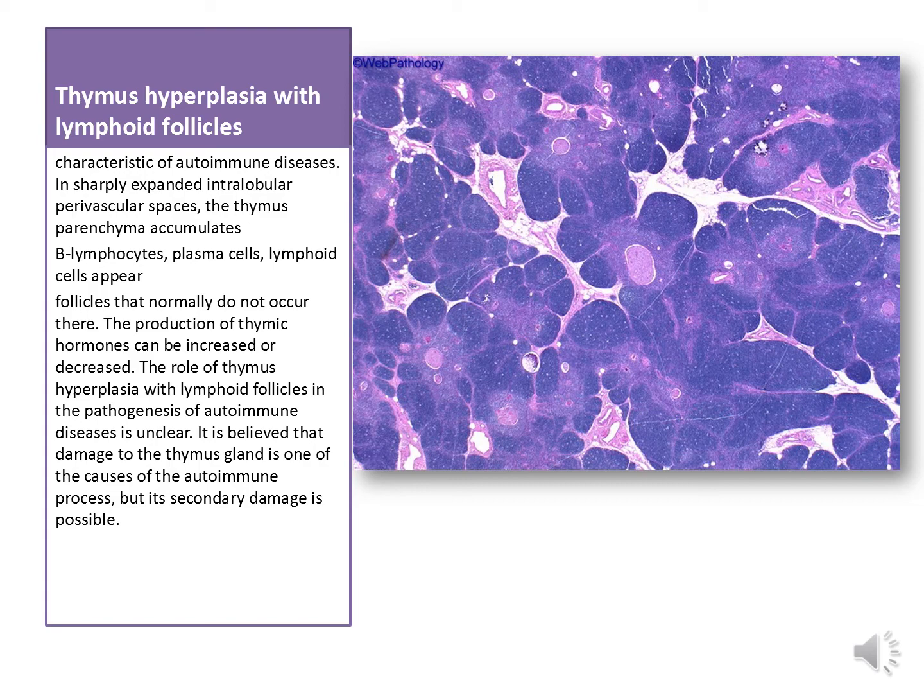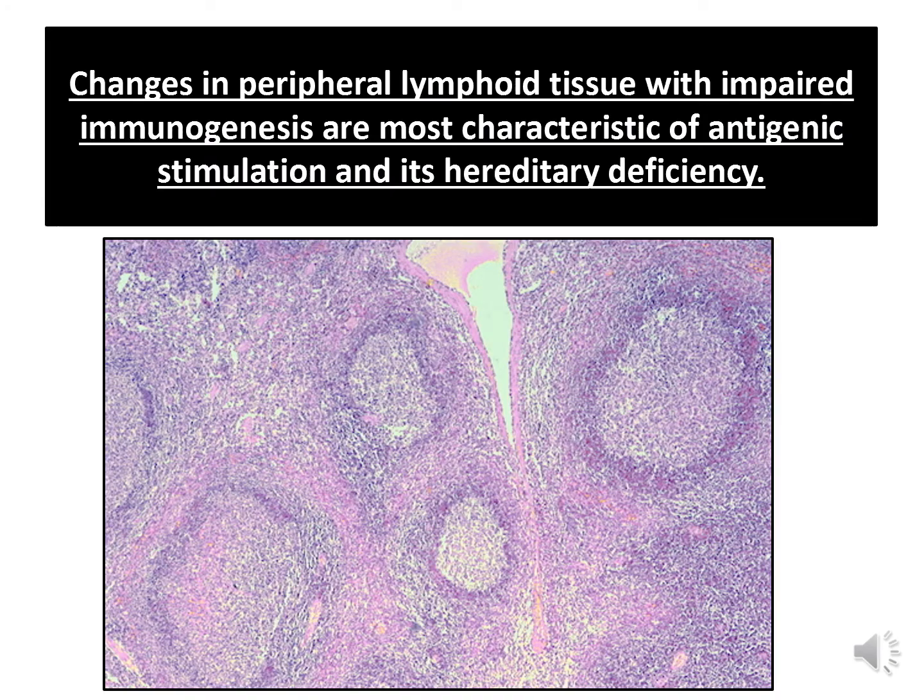The role of thymus hyperplasia with lymphoid follicles in the pathogenesis of the immune diseases is still unclear. It is believed that damage to the thymus gland is one of the causes of the autoimmune process, but its secondary damage is possible.